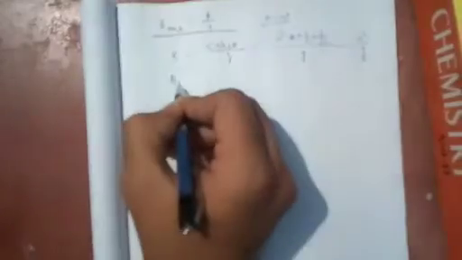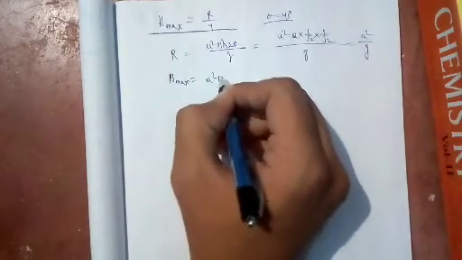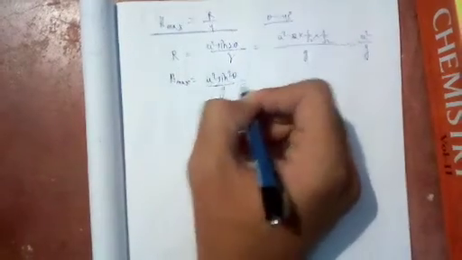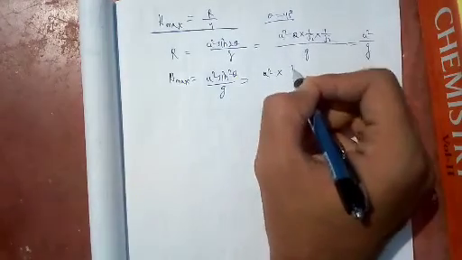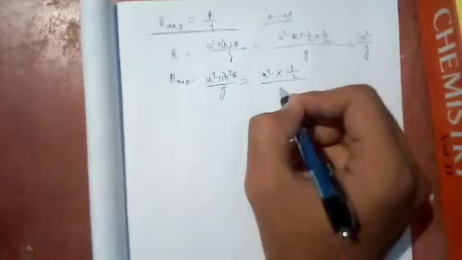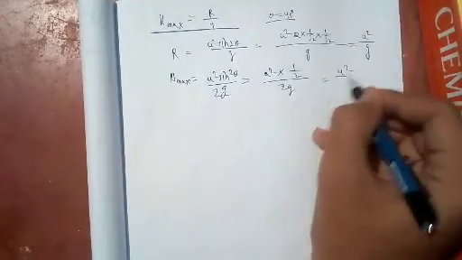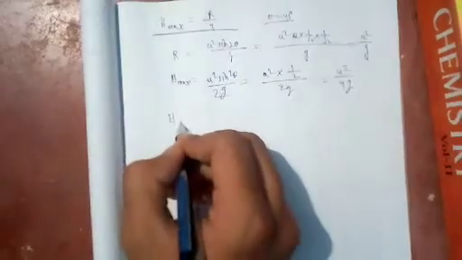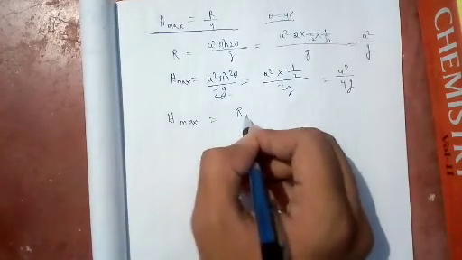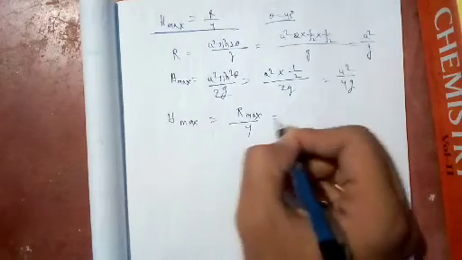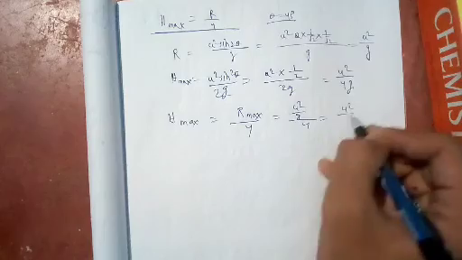But h max is equal to u square sin square theta upon 2g, that is u square into sin square theta, that is 1 by root 2 whole square, that is 1 by 2, upon 2g, that is u square by 4g. So h max is equal to r max upon 4, that is u square by g upon 4, that is u square upon 4g.